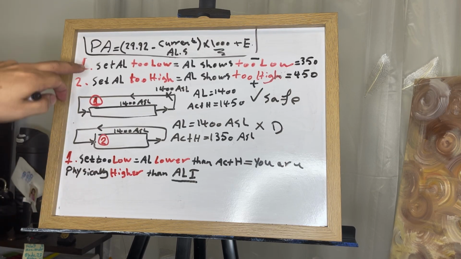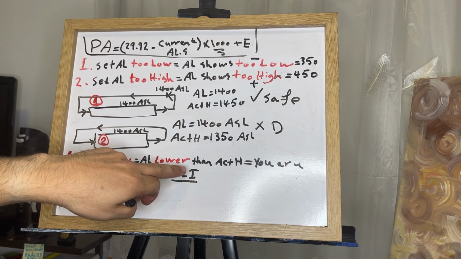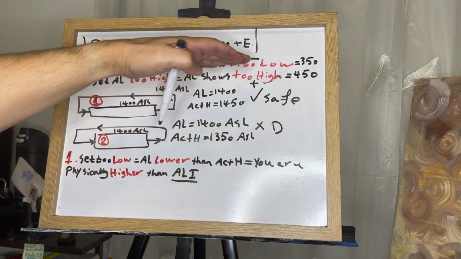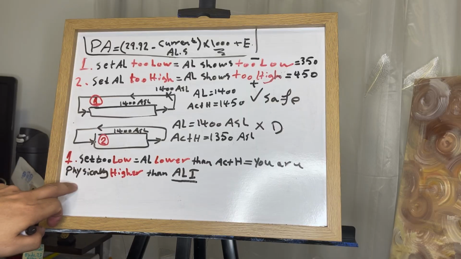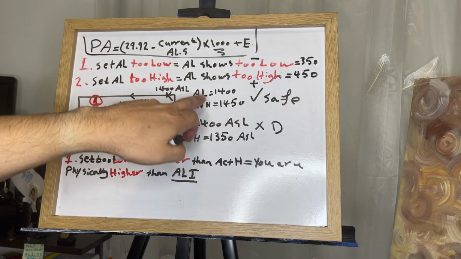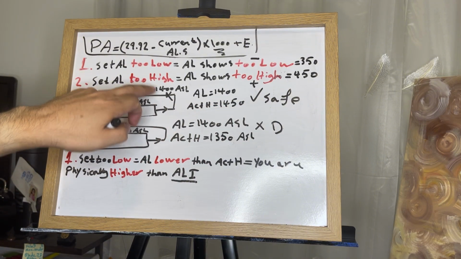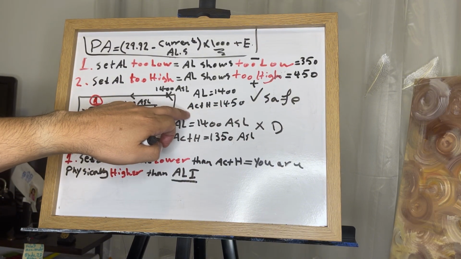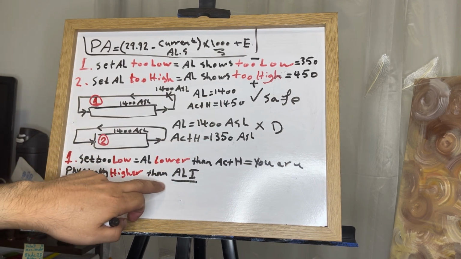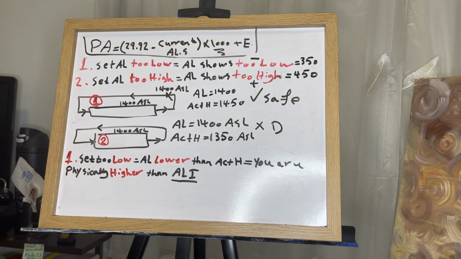In scenario number one, you set the altimeter too low, so the altimeter shows lower than actual at the ground. In flight, you are physically higher than the altimeter indicator. When you are in the air in flight, the actual height is 50 feet higher than the altimeter indicator.